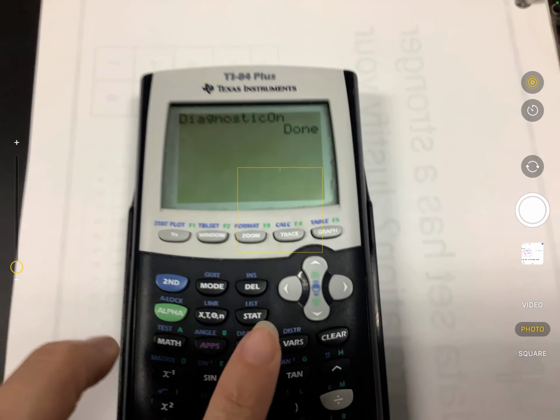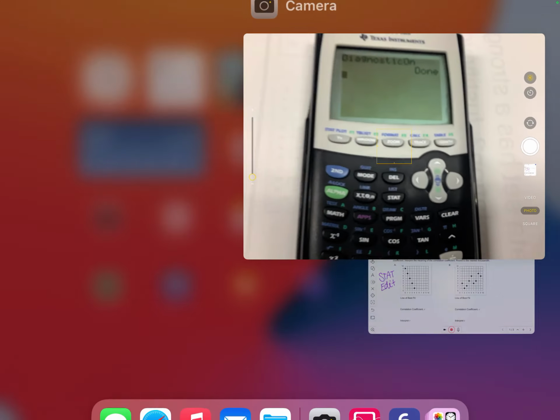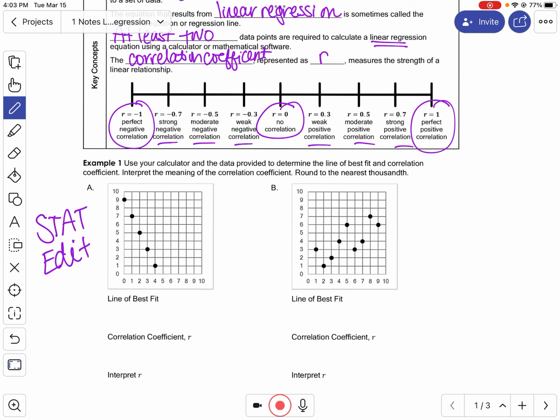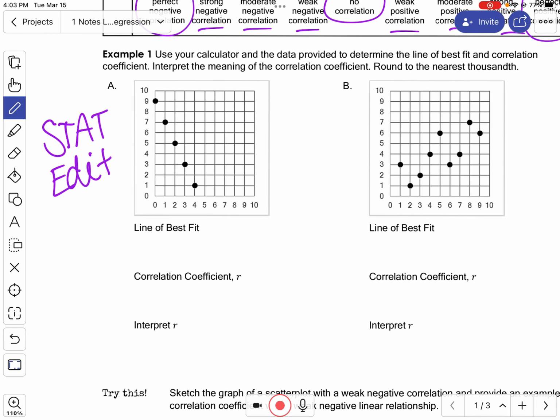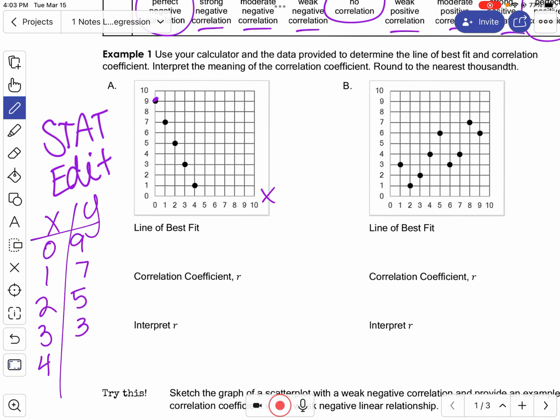So now if you go back to your notes, we're going to insert these points into our stat edit. If it helps you, you're welcome to make this a little table. So notice the points that we have are 0, 9, 1, 7, 2, 5, 3, 3, and 4, 1.